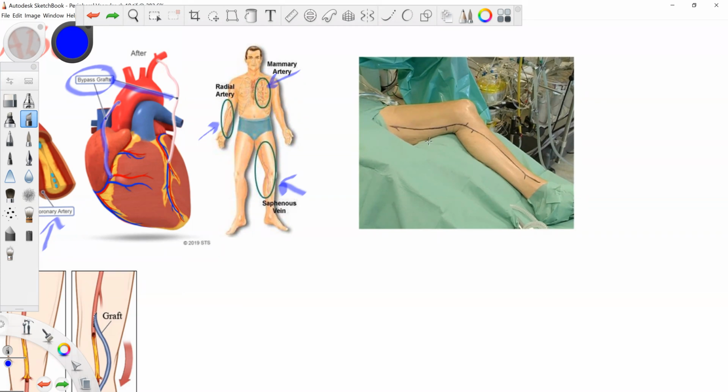This person could be getting an open, which I don't think they are, just because I quickly read the headline when I was grabbing this picture that this was not going to be an open. Open would mean, let's use red to make it look really bloody, literally filleting the leg, slice all the way down, pull it apart, and the vein is right there.